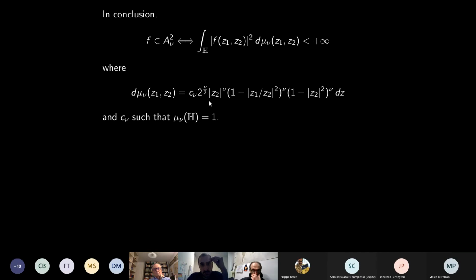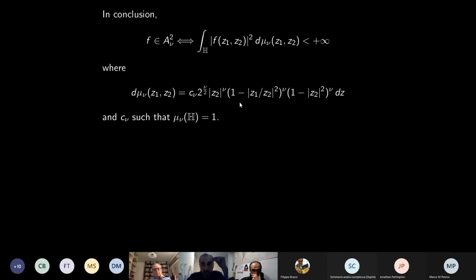So C is some normalization constant, and then we have Z2 to the nu, and this factor interacts with the origin, which is, as I said, the most pathological point of the boundary of our domain. Then we have 1 minus the mod square of Z1 over Z2 to the nu, and 1 minus the mod square of Z2 to the nu.